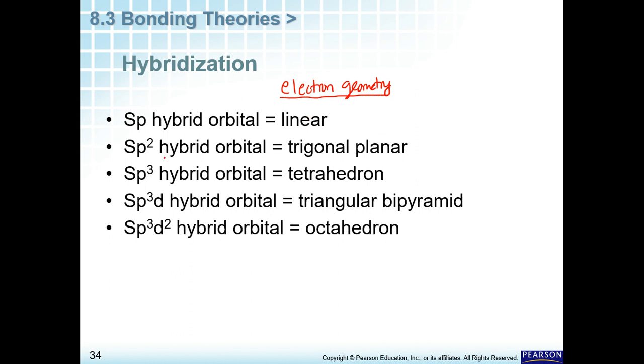If you have an sp2 hybrid, you're going to be trigonal planar. If you have an sp3 hybridization, you're going to be tetrahedral. If you have an sp3d, you are, I misspelled that, wow, trigonal bipyramidal. And if you have an sp3d2, you're an octahedron, also called octahedral.